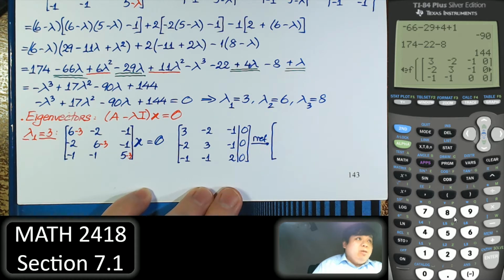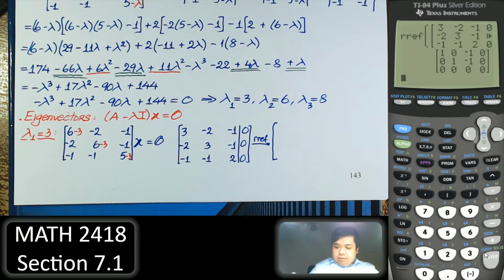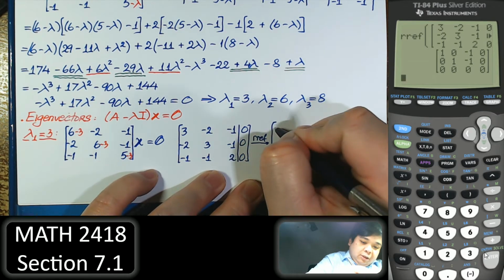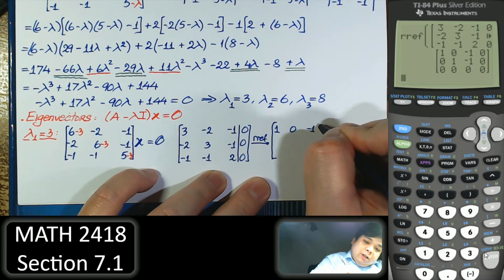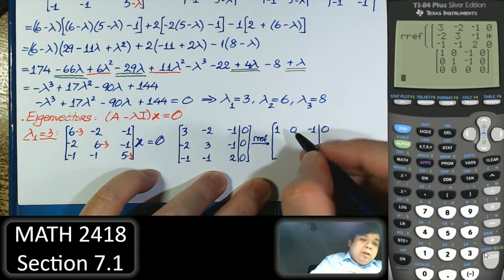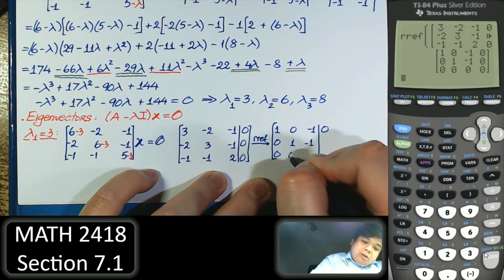Yeah, I just copied it wrong. Right, so that's what we have: 1, 0, negative 1, 0, 1, negative 1, 0, 0, 0.